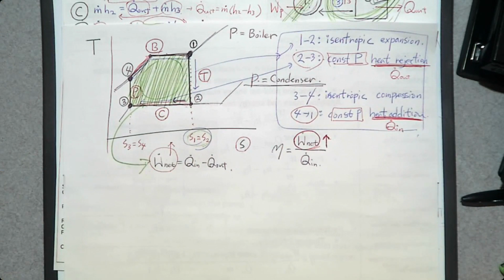So if you want to make this Rankine cycle more efficient, one way we can do is we can increase the enclosed area. Then how can we increase the enclosed area?